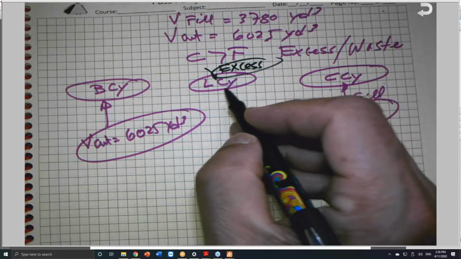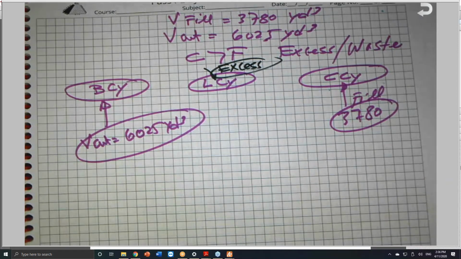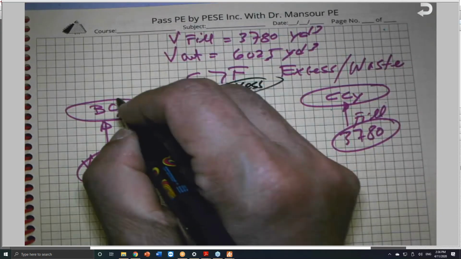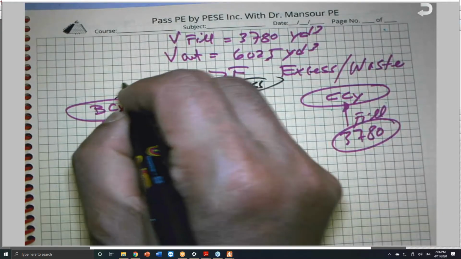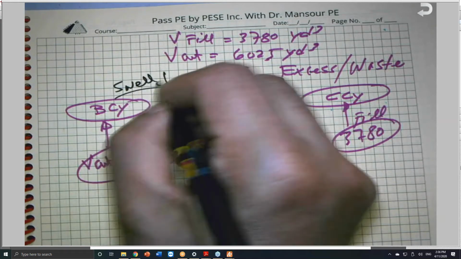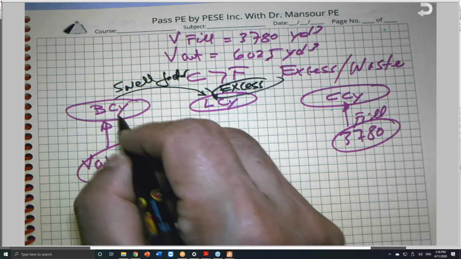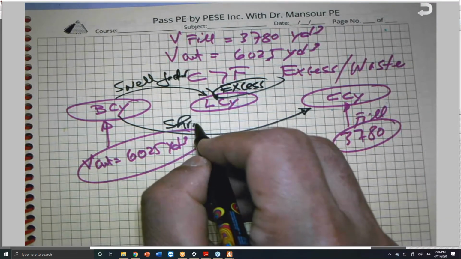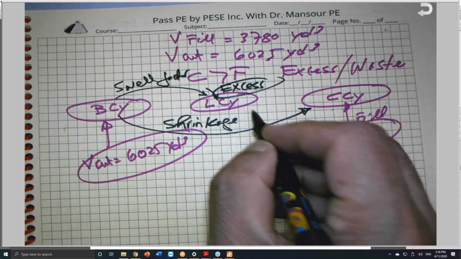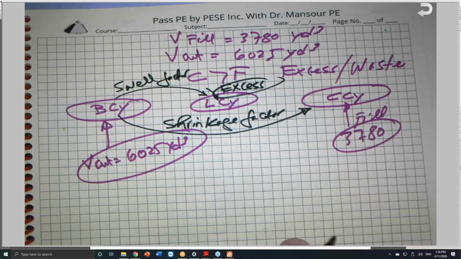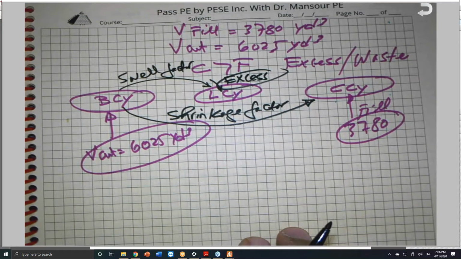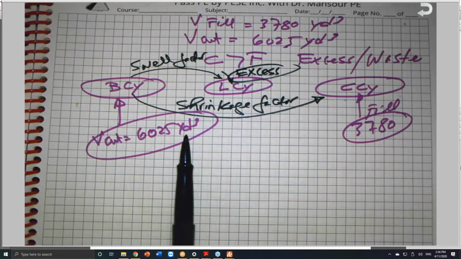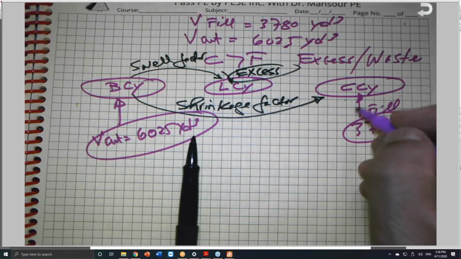But when we haul it, it is in the loose cubic yard state. So I have to convert it from one to another. And we know the conversion from here to here is the swell factor, and from here to here is the shrinkage factor. And here are the benefits of the diagrams now. You see that? I hope that all of you are following me, because this is very, very important.